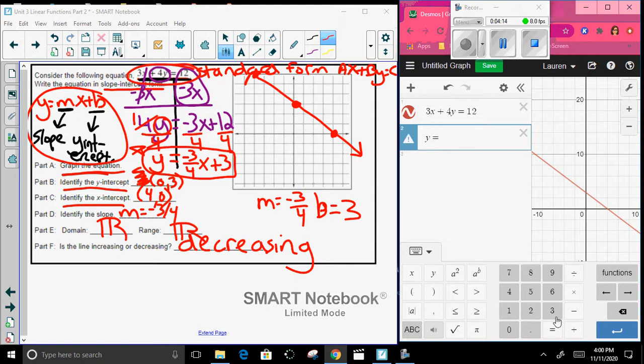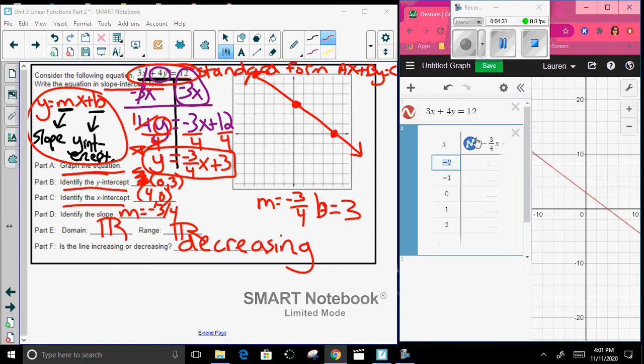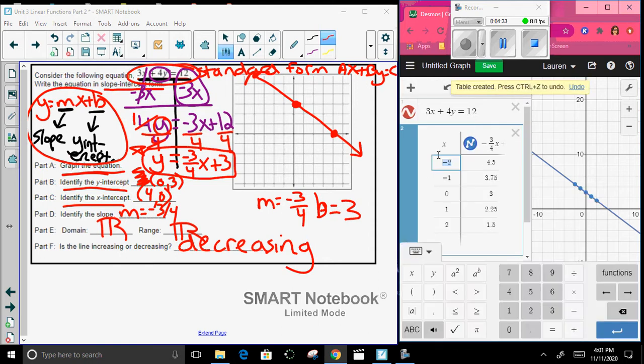Y equals negative 3 divided by 4, use your over arrow, add the x, plus 3. And look at that, they are the same exact thing. Remember, if you do this, you can also go and get a table for the one that's in slope-intercept form. So you could do a bunch of different things here, but that's a way you can check yourself to make sure you know you're correct.